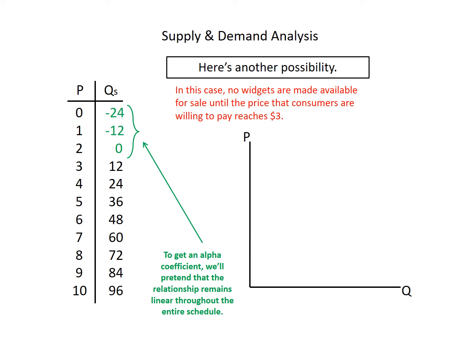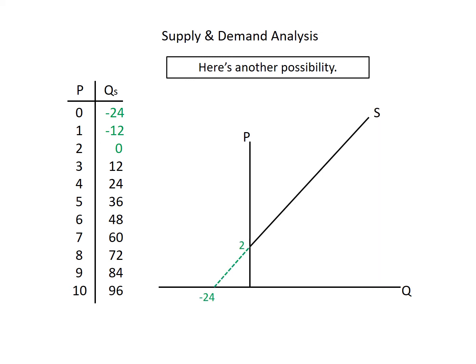And when price falls from 1 to 0, quantity supplied must fall by another 12 units from minus 12 to minus 24. So you can see how the alpha coefficient of negative 24 is derived. This is the point where the supply function intersects the axis of the dependent variable Q, despite the fact that it's in the second quadrant of the graph.